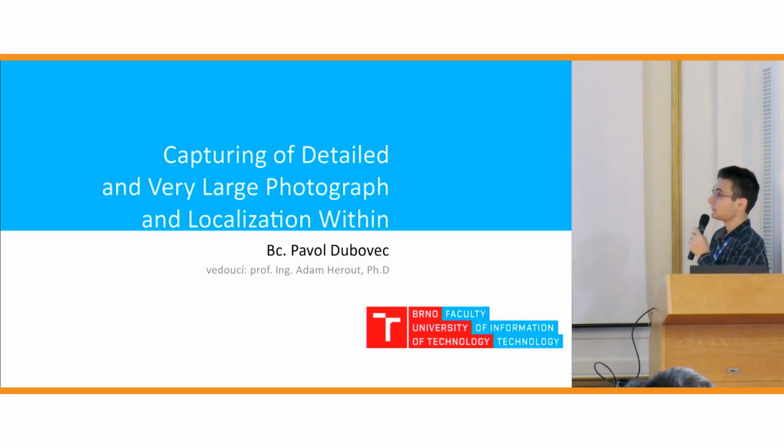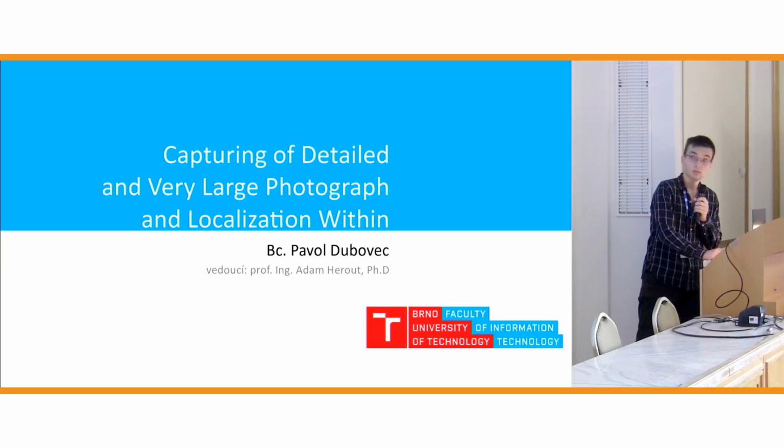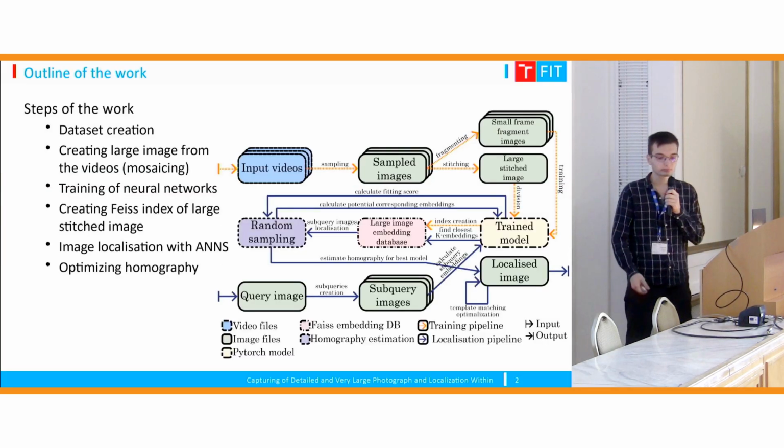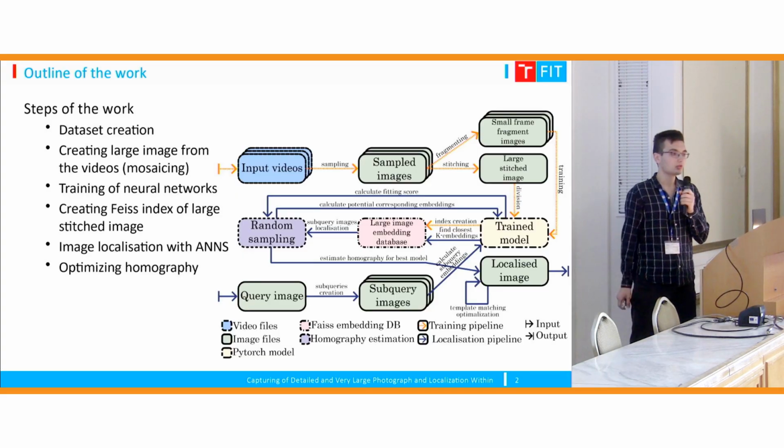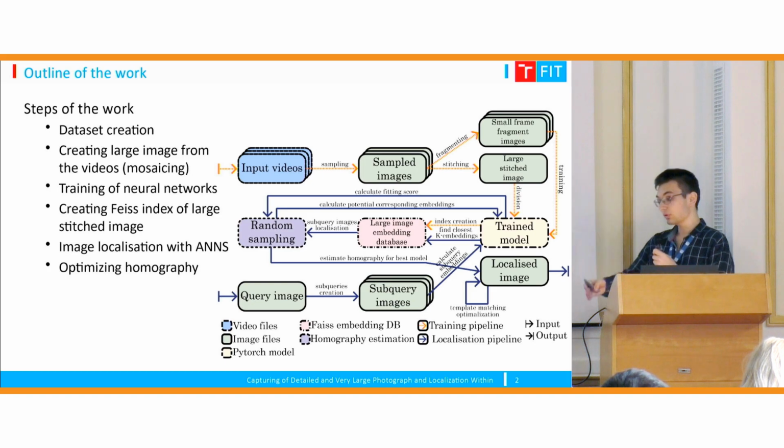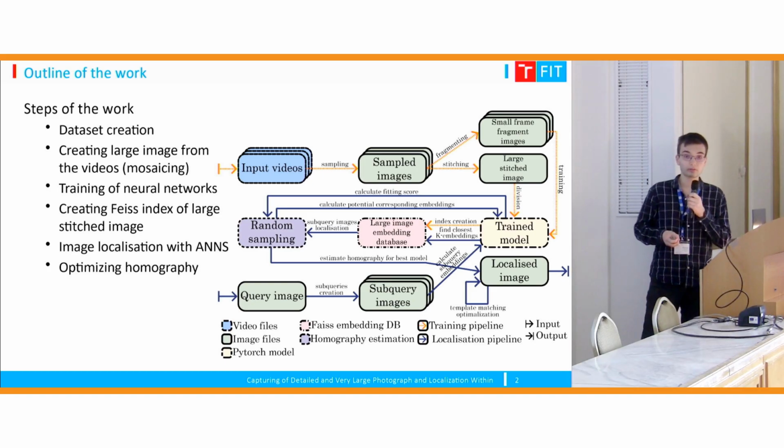Hello, I am Pavel Dubas from Brno University of Technology, and the goal of my work was to create a big image of the floor or some material, to localize a query image within it using neural networks and approximate search.